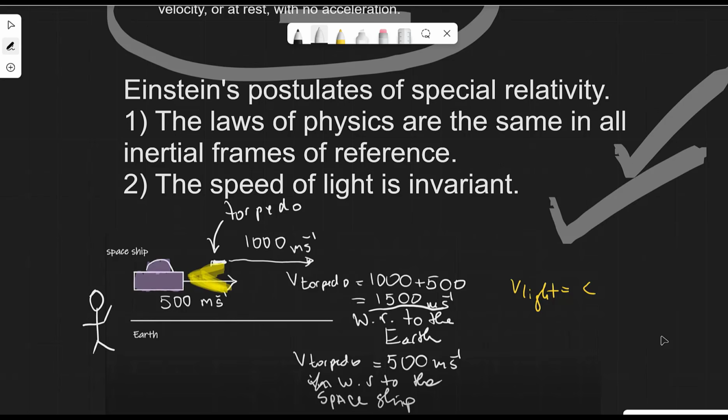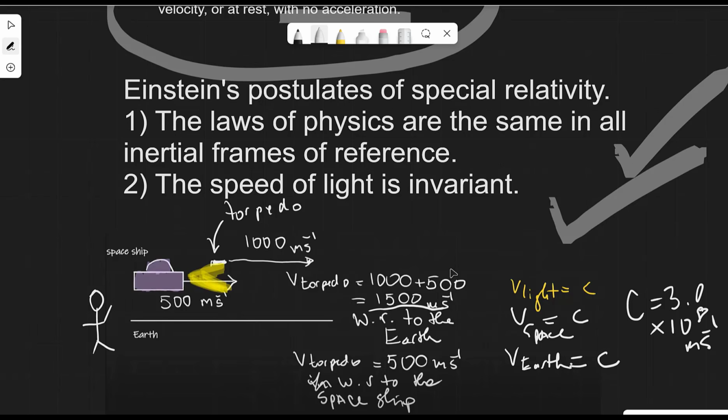Now, this is not how light works at all. If this spaceship switches on its headlights, according to the spaceship, the speed of light will be c, but also for us as well, in the frame of reference of the Earth, the speed of light will also be just c, where c is our standard speed of light, 3.0 times 10 to the 8 meters per second.